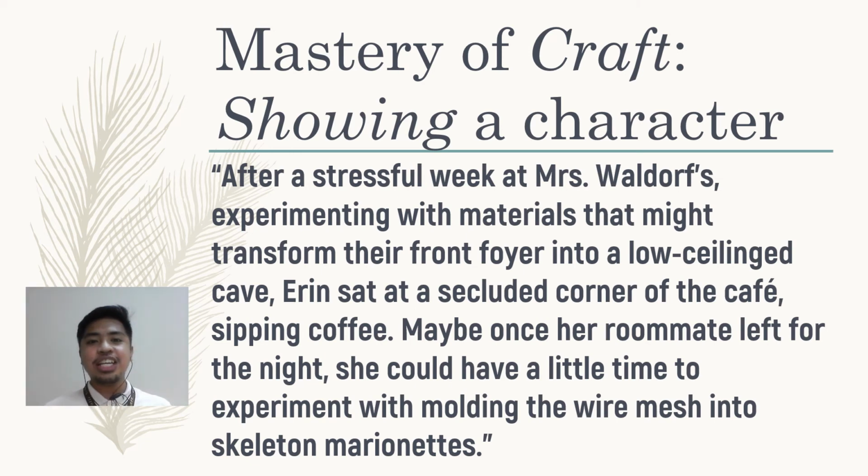And while she is waiting at a cafe sipping coffee, she was wishing that her roommate would leave for the night so that she could have time. So, by that simple action, we could infer that Erin does not like having roommates. Okay, do you see the difference in how it is constructed?